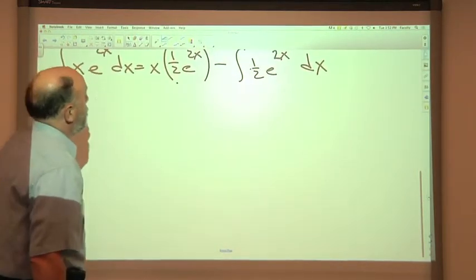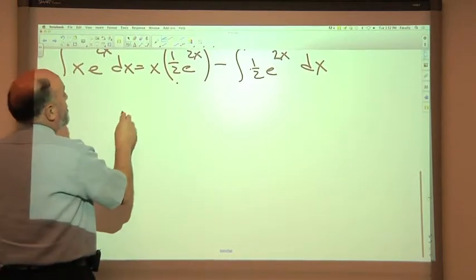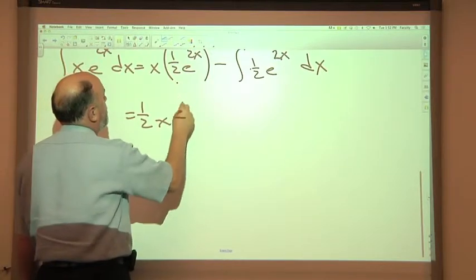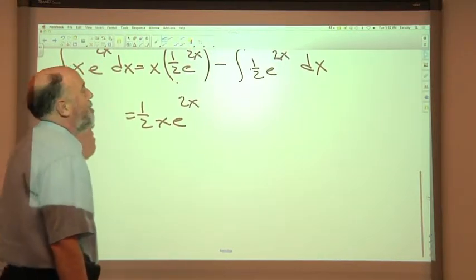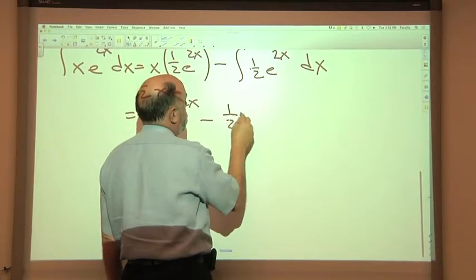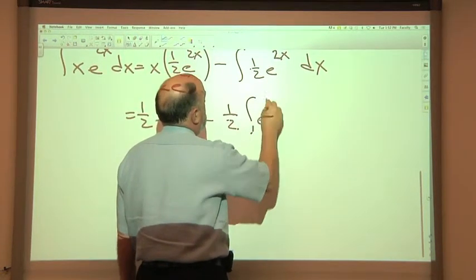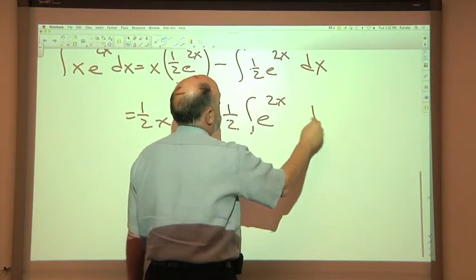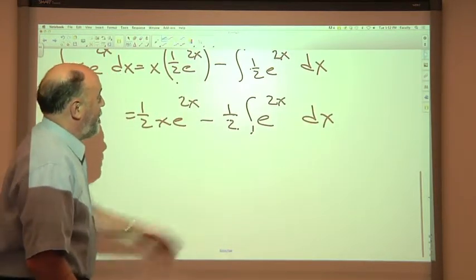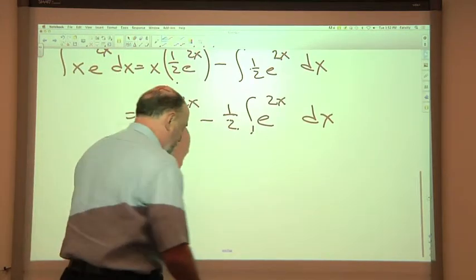So we go through and simplify this. This is going to be 1/2 x e to the 2x, just rearranging that part. Minus, my 1/2 can come out front, the integral of e to the 2x dx. And then we can do this the same way we did earlier.